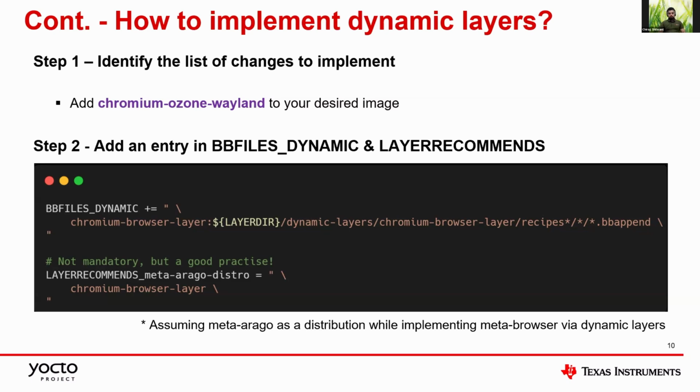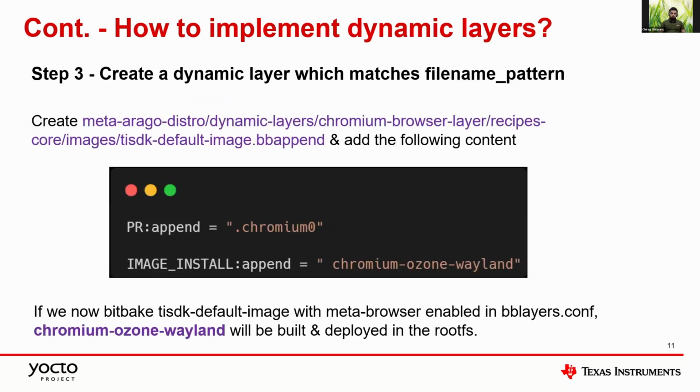Now step three is to actually implement that dynamic layer. What I will do is create a dynamic layer which matches my file pattern name, which I mentioned in my layer.conf, and add the following content. My goal was to just include the Chromium ozone variant in my image.